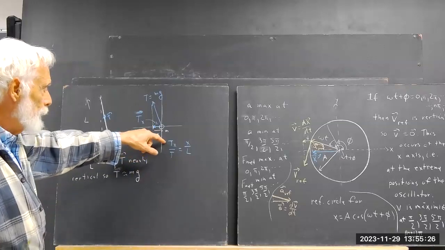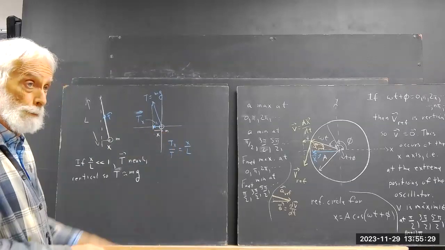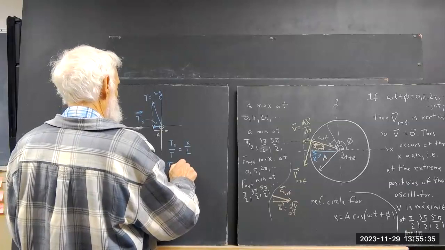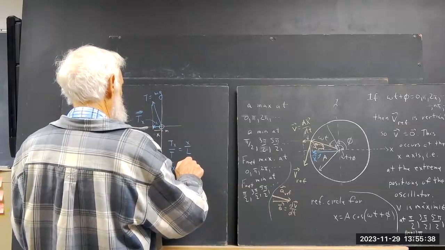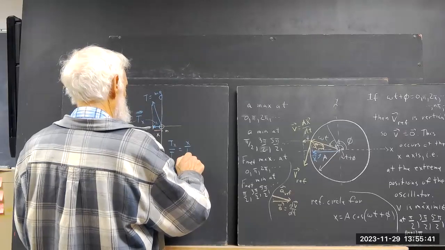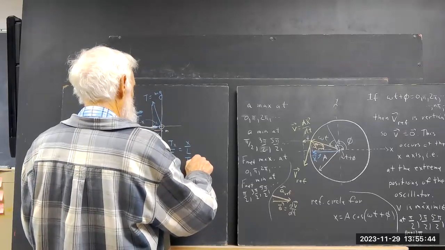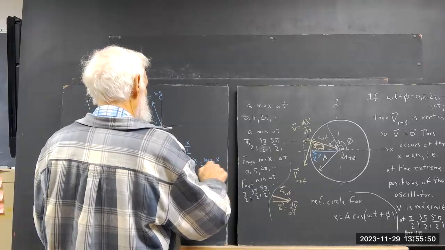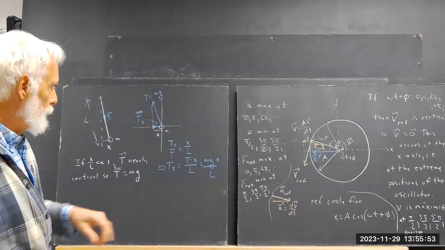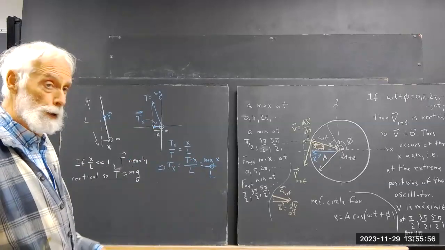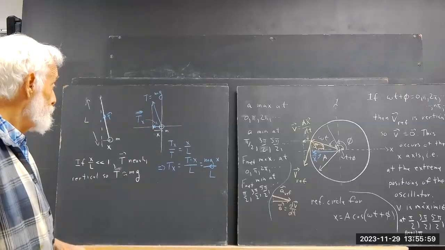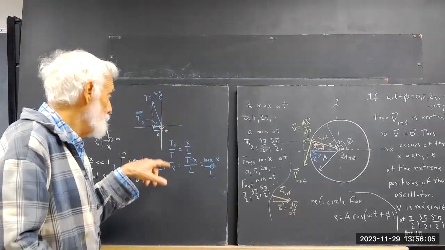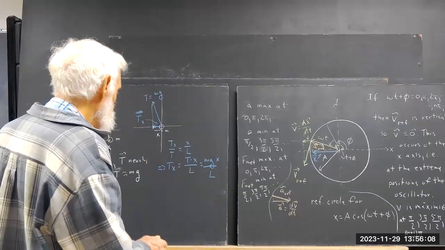So Tx is the same proportion to T as X is to L. A little unfortunate notation there. My subscript is x here, but I'm multiplying T by X here. Okay? Because of course, multiply both sides by T. So you get Tx equal mgX over L.